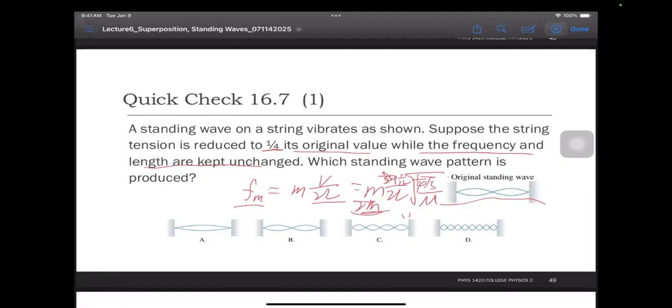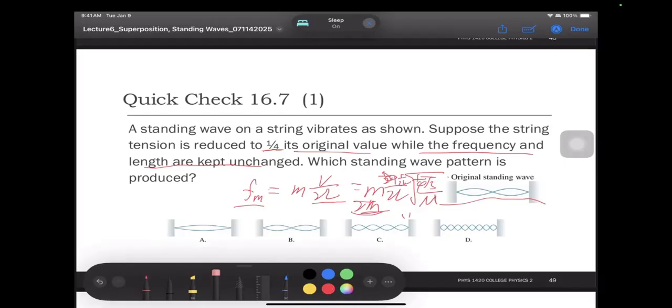Okay, let me try to write it clearly so you can understand. Here f equals 1 over 2L times the square root of tension over mu, where mu is M divided by L. This stays the same because the length and frequency stay the same, the mass stays the same, and L stays the same.